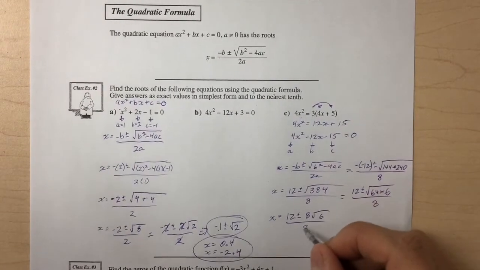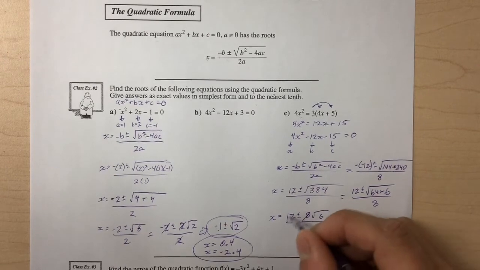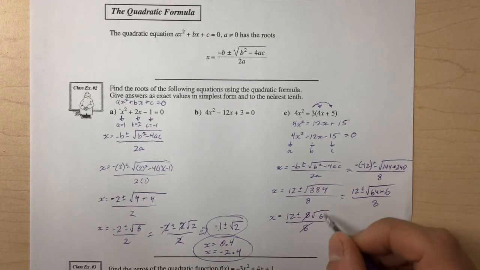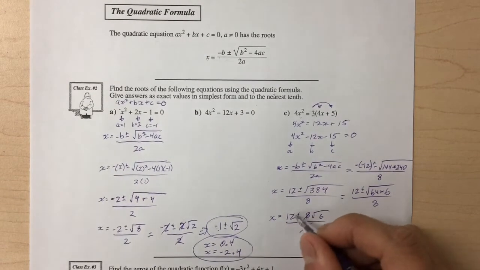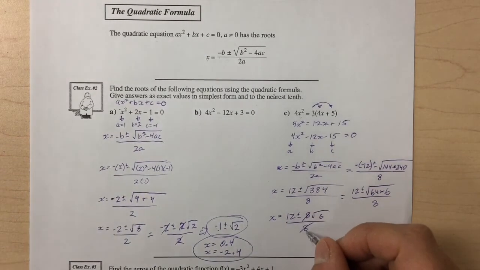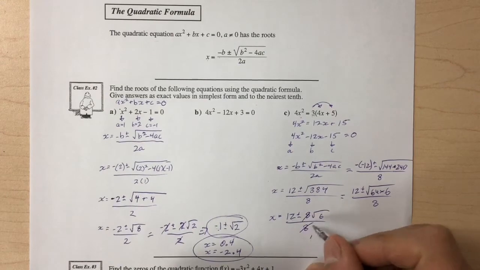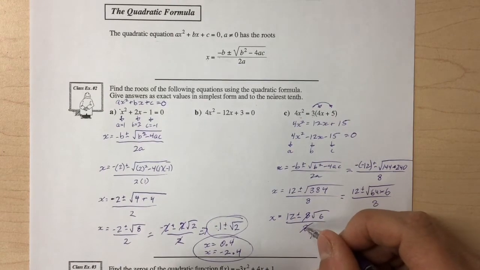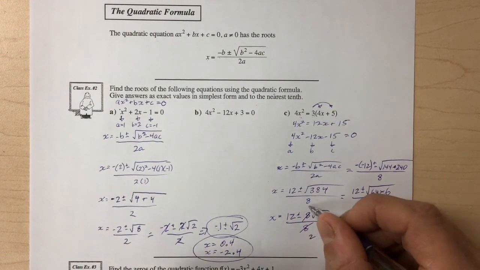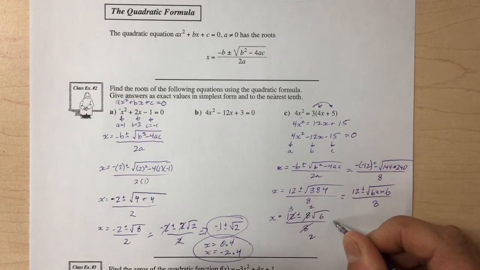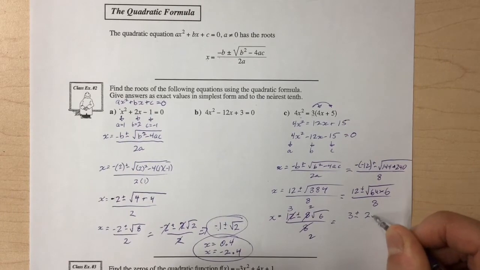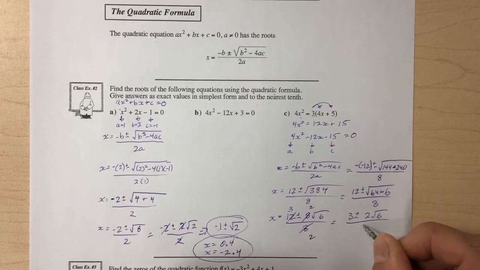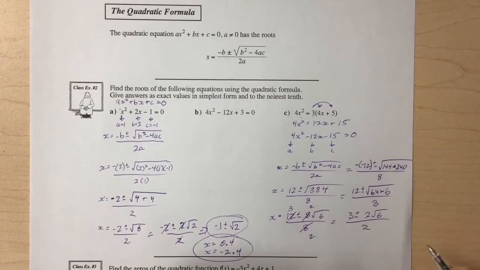And if we simplify it, 4 goes into this twice, goes into this twice, and goes into this 8 twice. And so this is going to be 3 plus and minus 2 root 6, over 2.